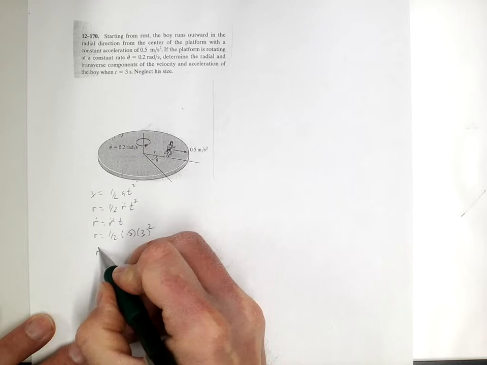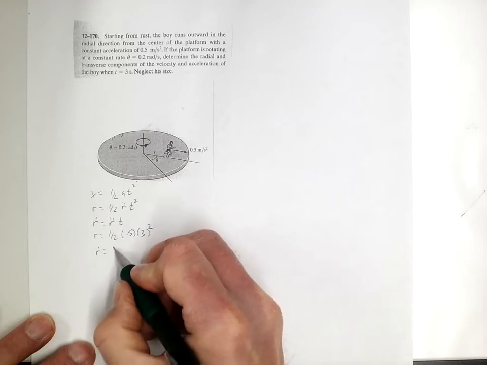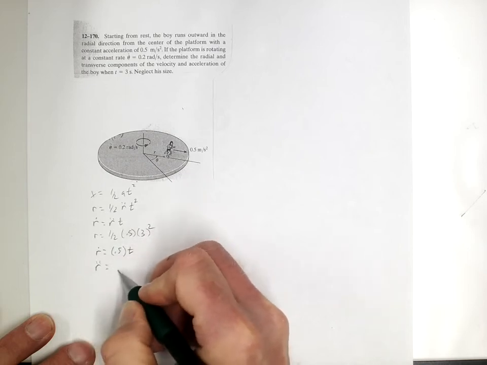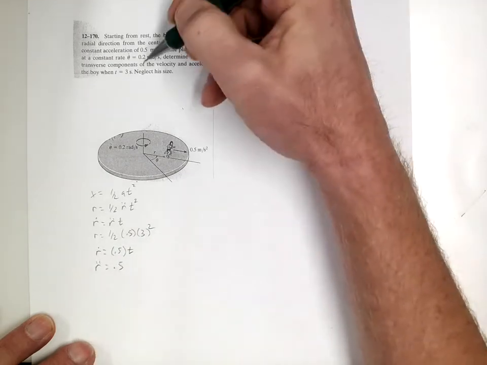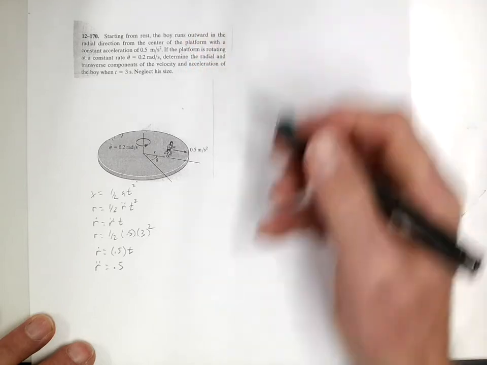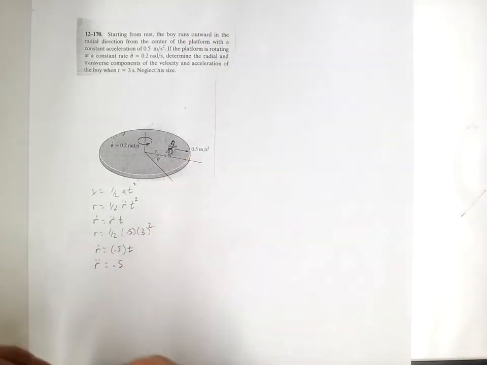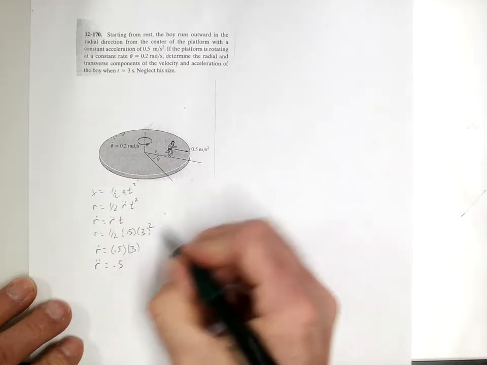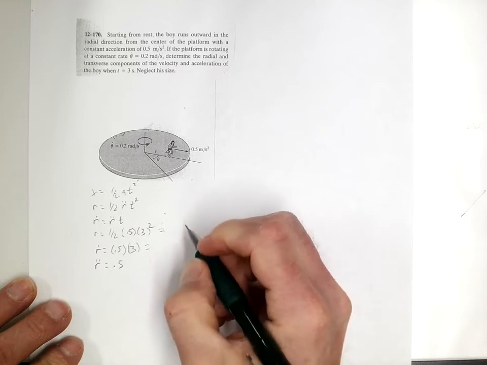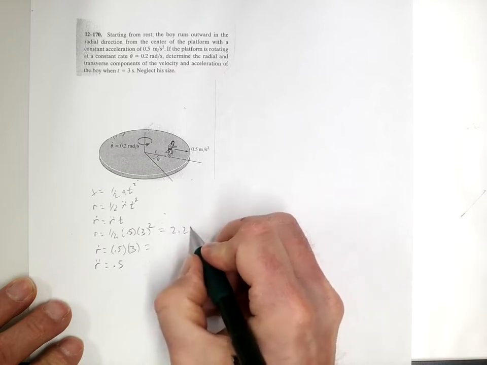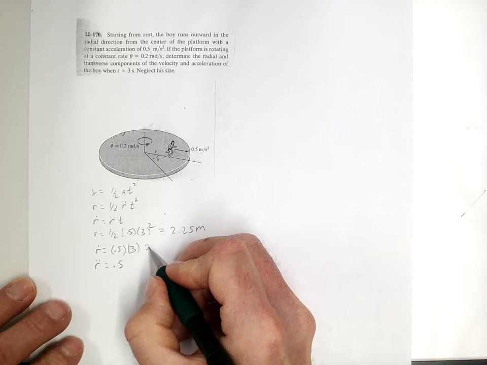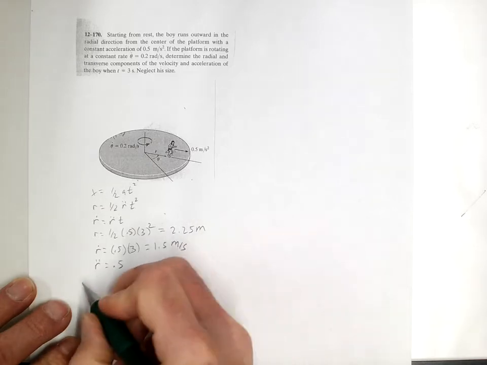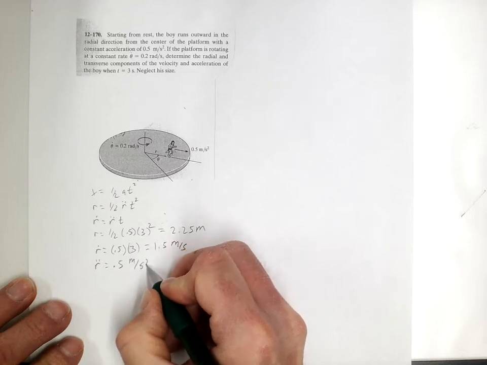R dot is equal to 0.5 t, and R double dot equals 0.5, as is stated right there. Oh, not t, 3. So R is equal to 2.25 meters, R dot is equal to 1.5 meters per second, and R double dot is 0.5 meters per second squared.